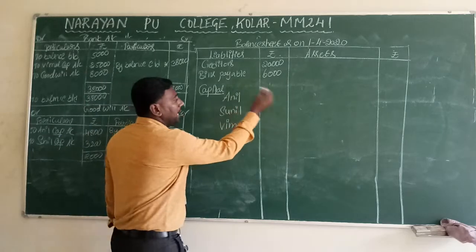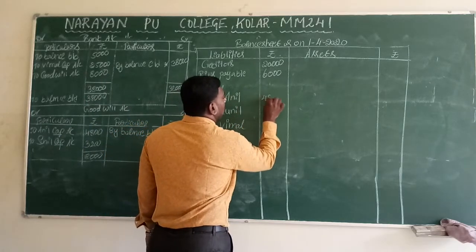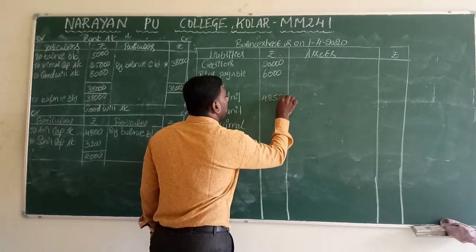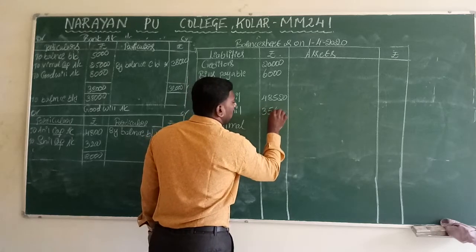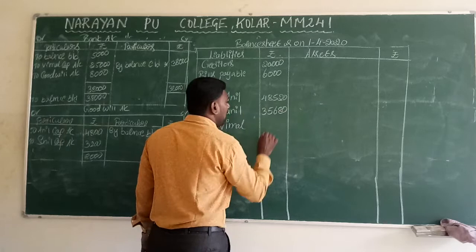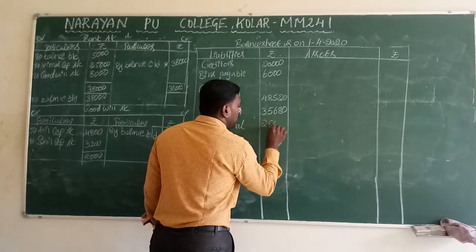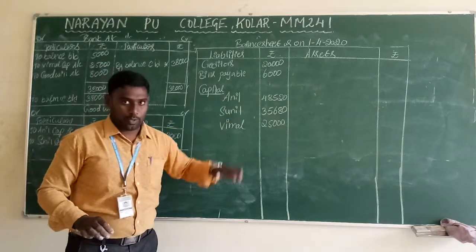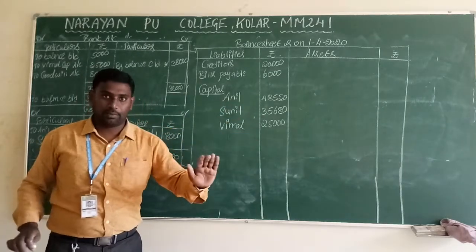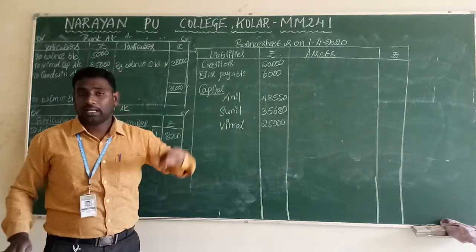First partner capital 48,520. Second partner 35,680 rupees, and the third partner 25,000. So that is related to the second account. In the balance sheet nothing will be there. The adjustments will come later.